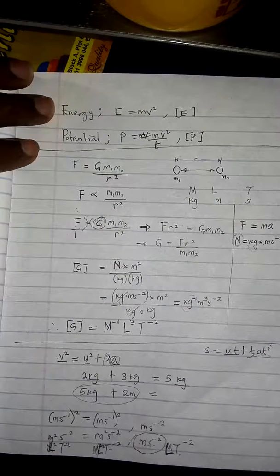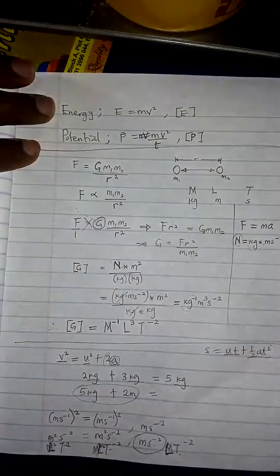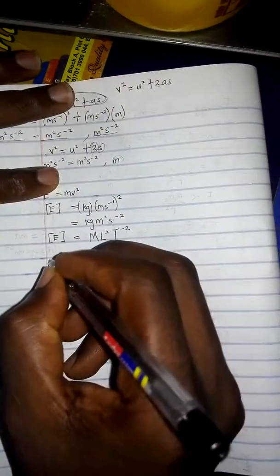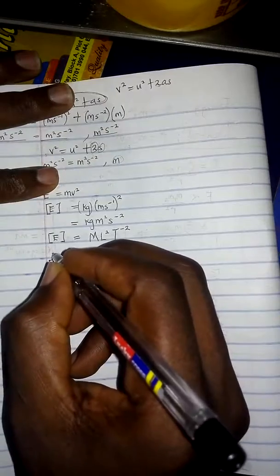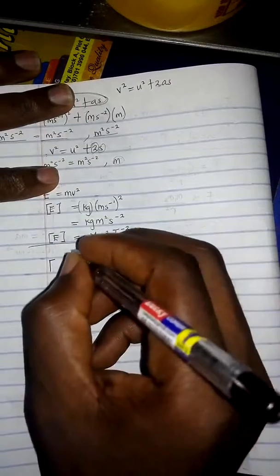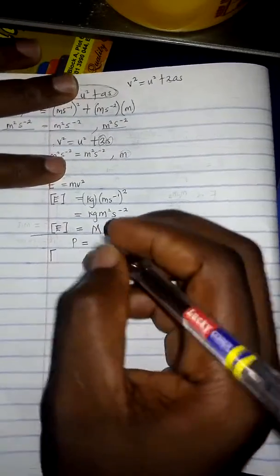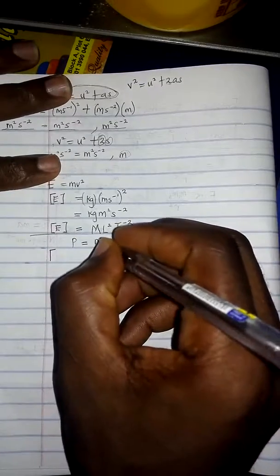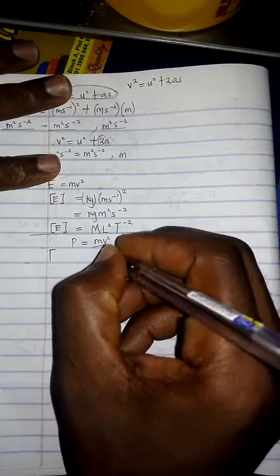All right, so power is mv square over t. That's like energy over time, knowing that energy is mv square. All right, so from here we're going to have something like this. I'm calling it power, so I'm saying that power is starting afresh here. Power is equal to mv square all over time.